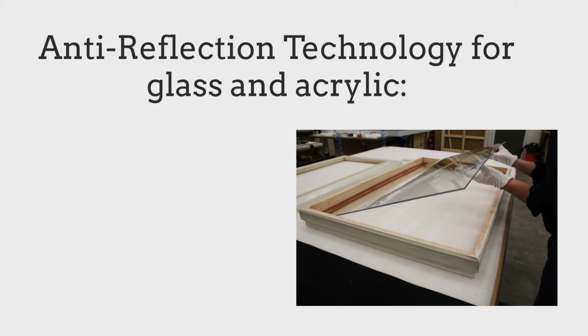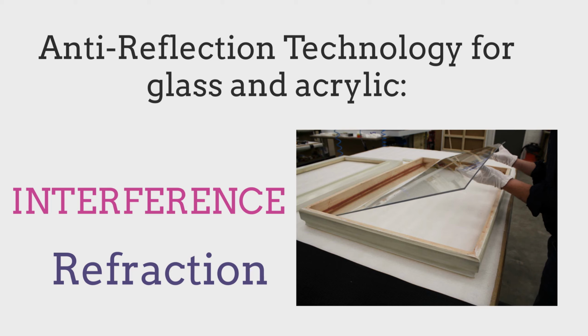Anti-reflection technology involves three of the extraordinary and complex processes of light wave phenomena: interference, refraction, and reflection. The key process here is interference. Both anti-reflective glazing technology and modern mirror manufacture exploit light's ability to break up into multiple rays and interfere with itself.